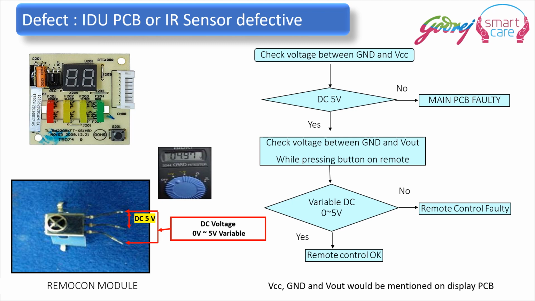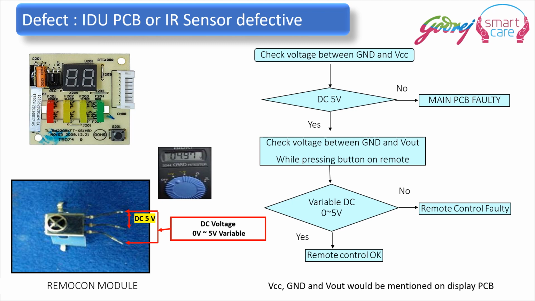Between these 2 terminals we would get a variable DC voltage, any DC voltage between 0 to 5 volt DC, depending upon which button of the remote control we have pressed. For different buttons we get different voltages, but all these voltages will be in the range of 0 to 5 volt DC.